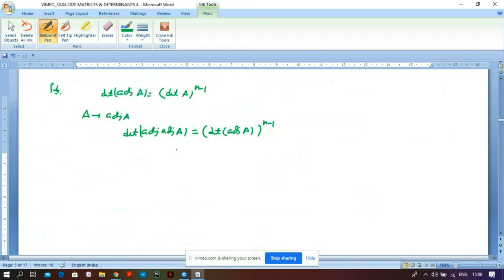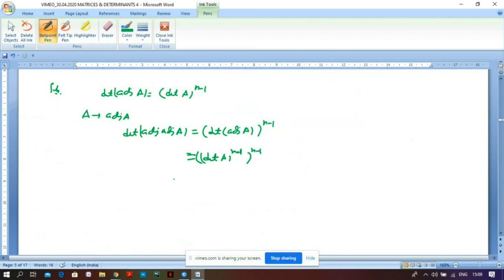So I can write here det of A to the power n minus 1, and this is to the power n minus 1.